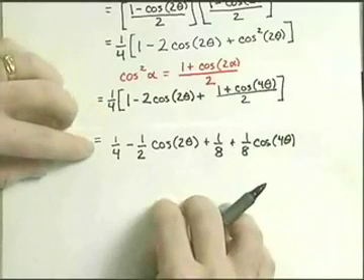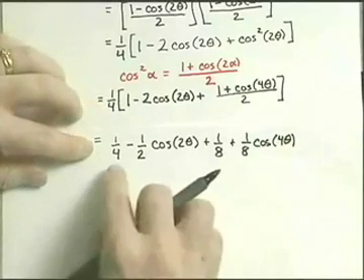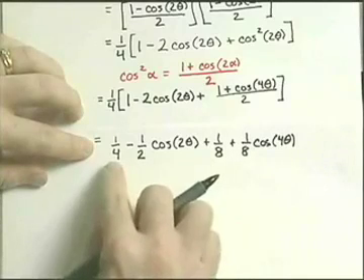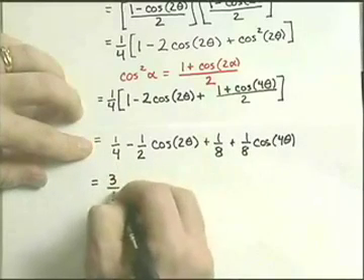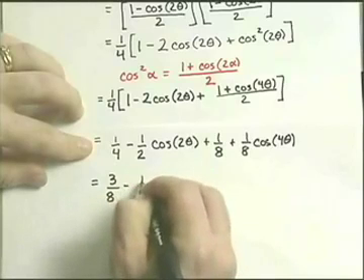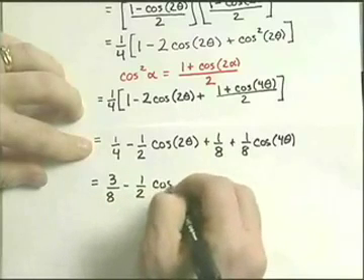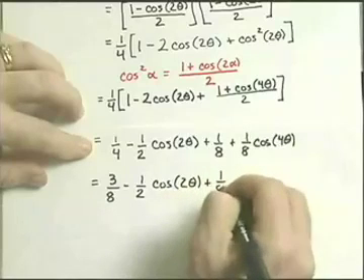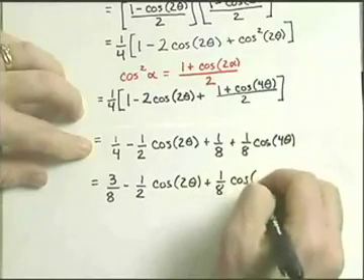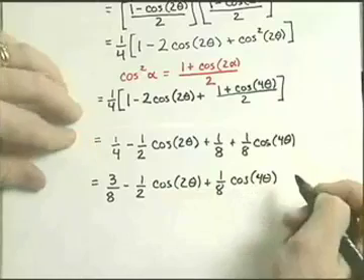Now all I need to do is combine my like terms, like 1/4 plus 1/8 is 2/8 plus 1/8. That gives me 3/8 minus 1/2 cosine of 2 theta plus 1/8 times the cosine of 4 theta.